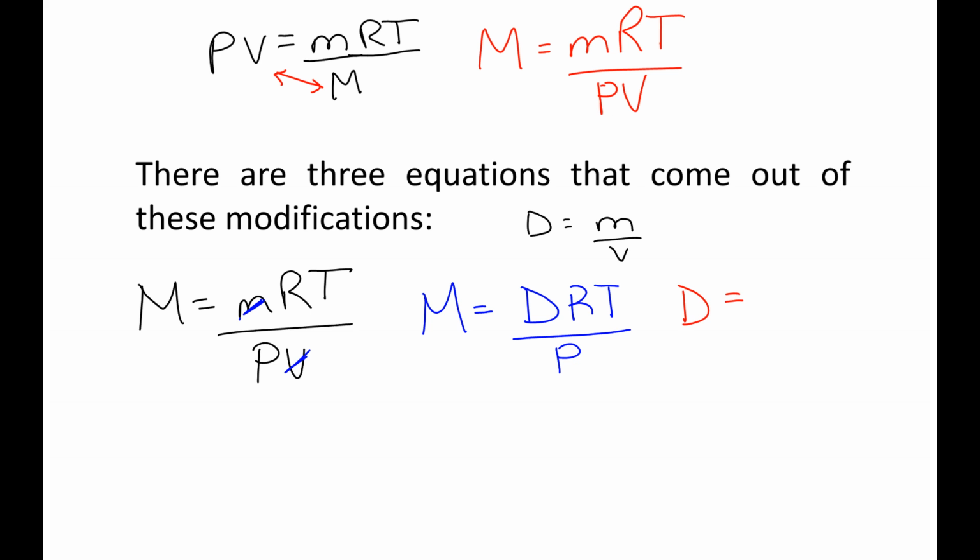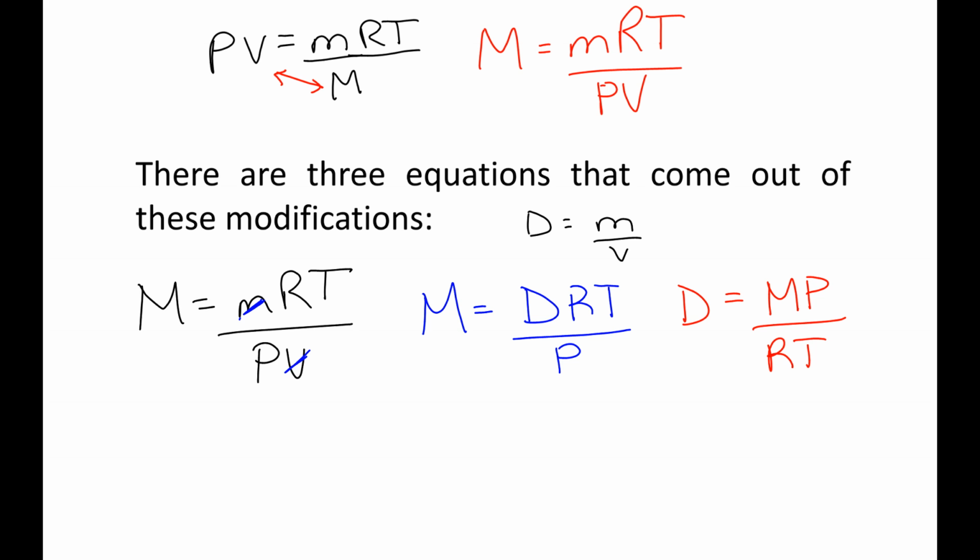So we'd have to move the P over there, so it's multiply by P and divide by RT. So it's dump dirt. Okay? So I'm not going to ask you to figure out how to rearrange the equations. You just have to know these three equations. I don't know if I have any of them on the sheet I gave you. I might have a couple of them, but if I don't, make sure you have them on there.